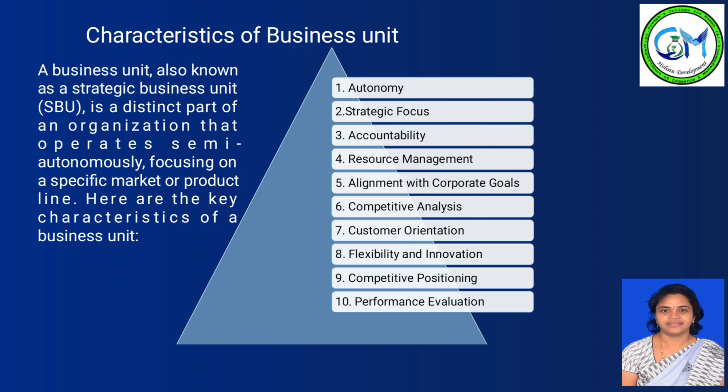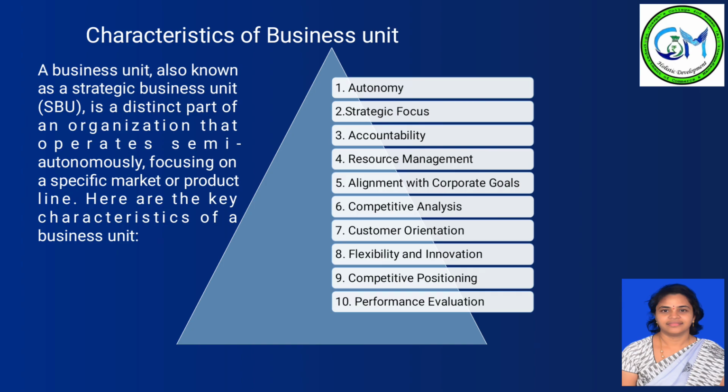And the next one is resource management. Each SBU manages its own resources including personnel, budgets, and assets, allowing for efficient and effective resource utilization. It also has control over its budget and is responsible for financial planning and management.